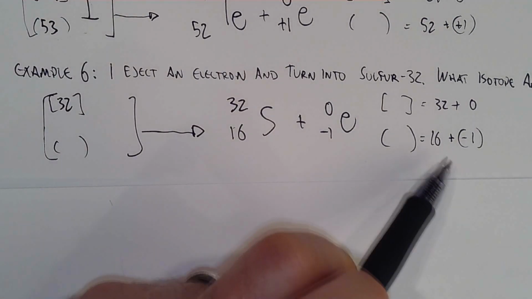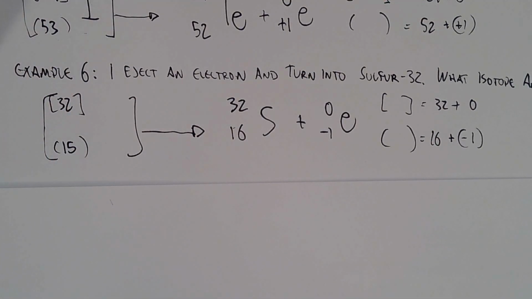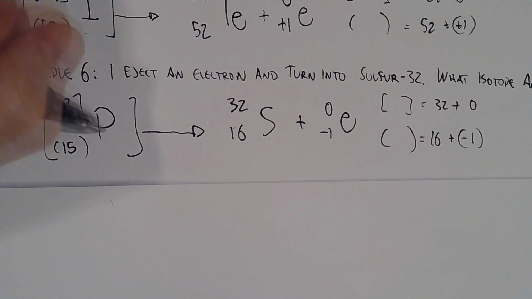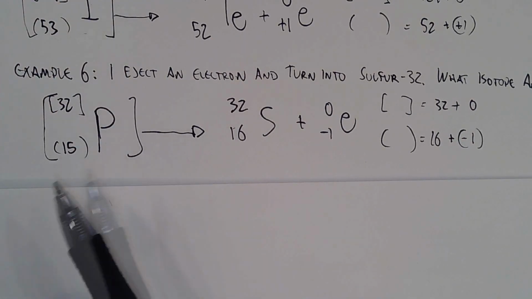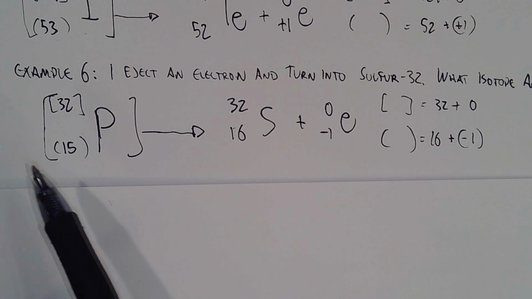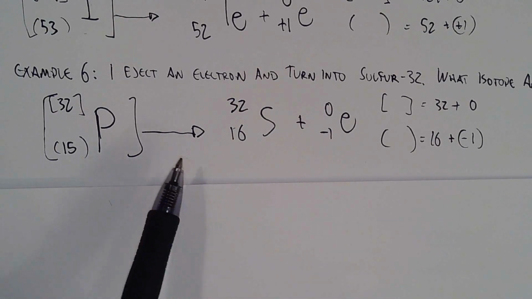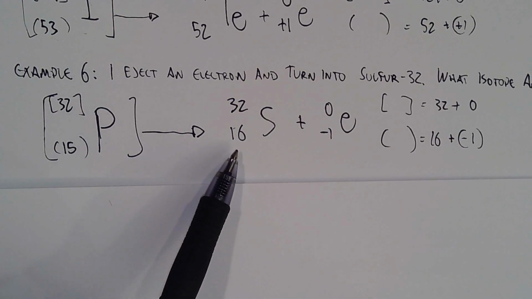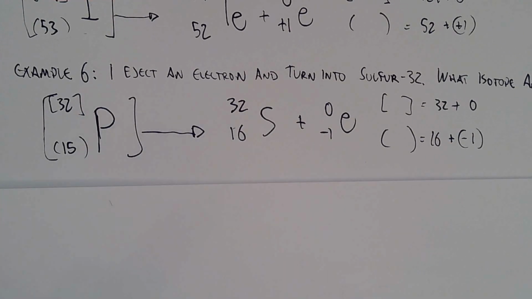But again, 16 minus 1 is 15. All right? And atomic number 15 is phosphorus, P. Okay, when phosphorus undergoes beta minus decay, if you remember, a neutron splits into a proton and an electron. Splitting into a proton increases the atomic number by 1, but not the atomic mass, because there's the same number of particles in the nucleus.